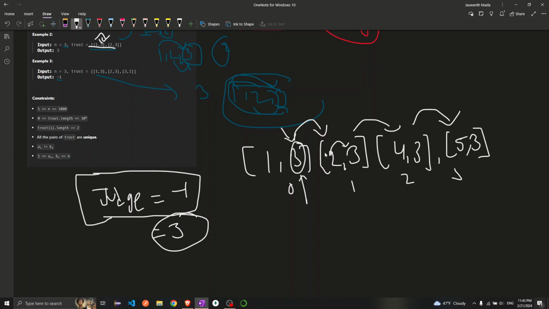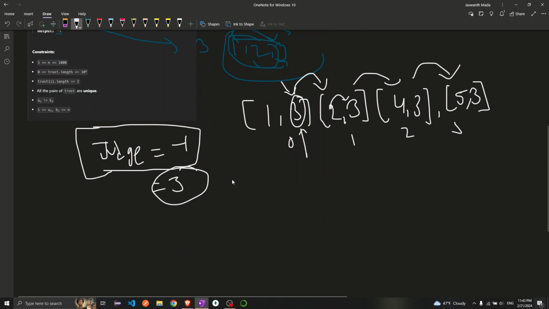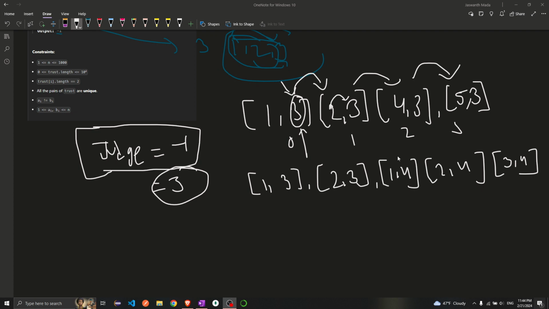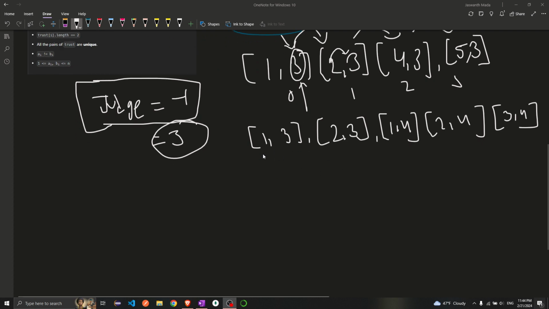Since judge is not trusting anyone and everyone is trusting judge, right? But this approach doesn't work. Let's say I have an example like this. Initially my judge will be -1.